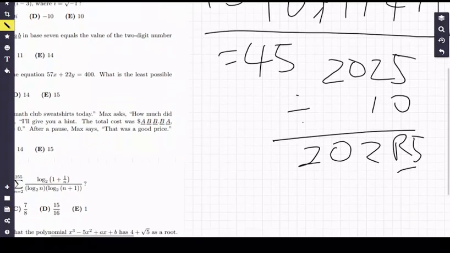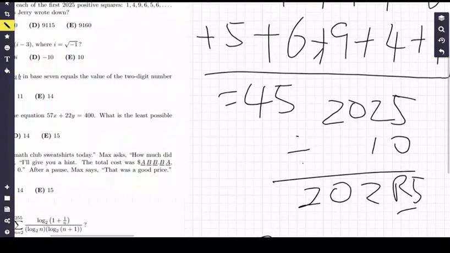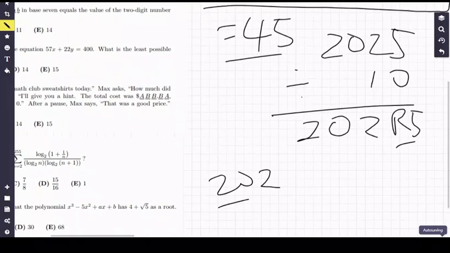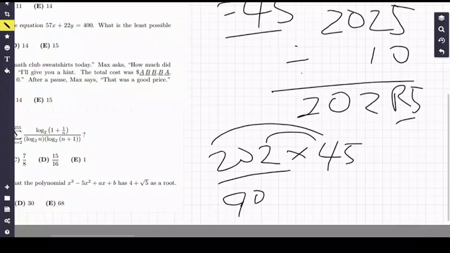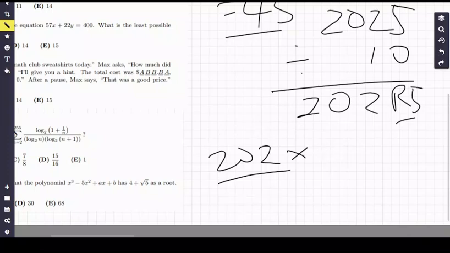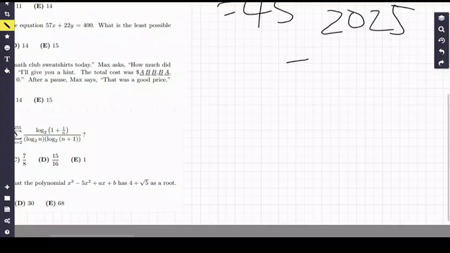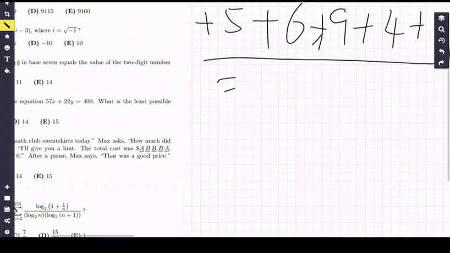So we have a remainder of 5, and we looped 202 times. We multiply by the sum of each loop, 45, and you will get 9090. And then remember you have a remainder right here.